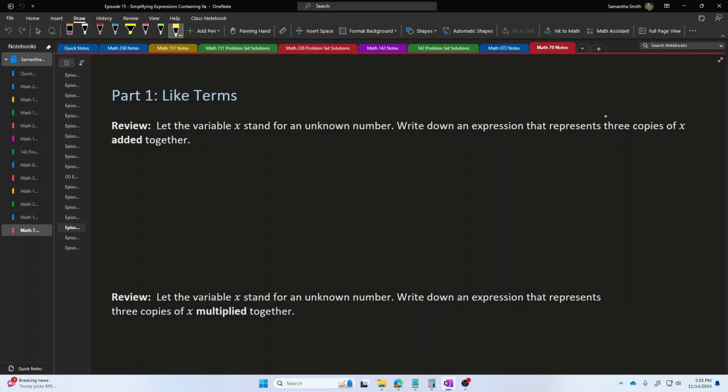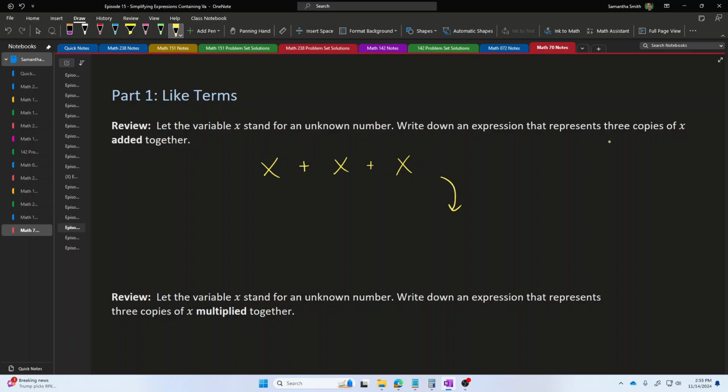Now, for a warm-up exercise, let's suppose that the variable x stands for an unknown number. Let's write down an expression that represents taking three copies of x and adding them together. So if I have x, x, and x, three copies of those, and I add those together, this would be one way to represent this instruction as an expression, x plus x plus x.